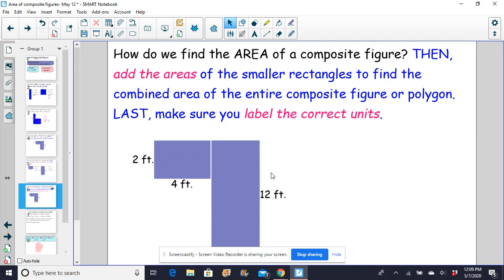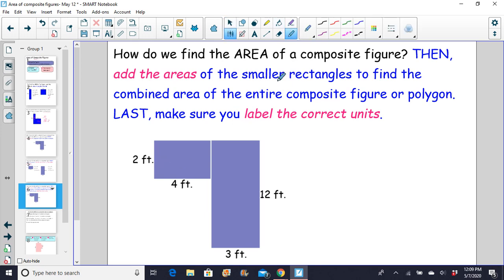I'm going to write in on the inside of the composite figure the areas that I know. So I know this smaller rectangle had an area of 8 square feet. I always like to write out and label everything. And the larger rectangle was 36 feet squared.